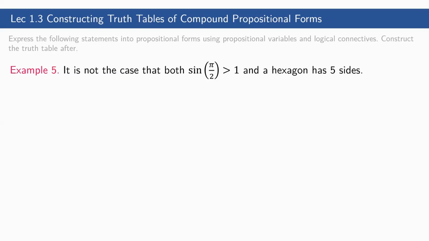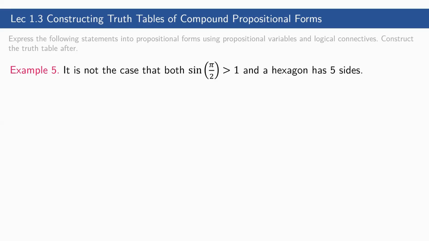Example 5. It is not the case that both sine pi over 2 is greater than 1 and a hexagon has 5 sides. Okay, this one is a little bit different because this sentence is started by, it is not the case that, and then followed by both blank and blank.